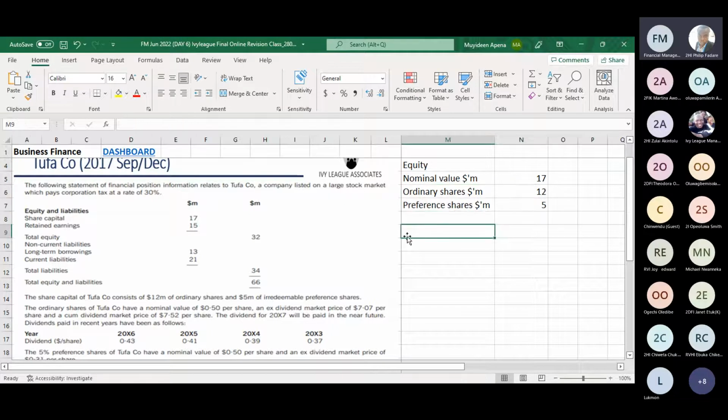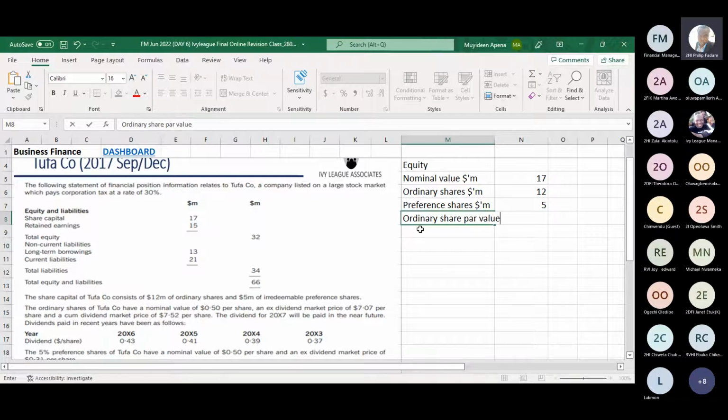So our focus is that we are given these 2 items. Please take note. The ordinary shares of Tufacco have a nominal value of 50 cents per share, so 0.5.